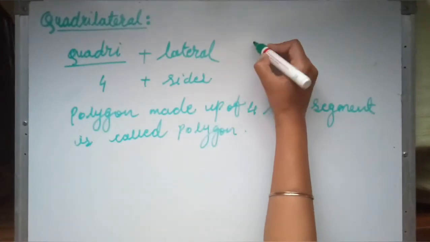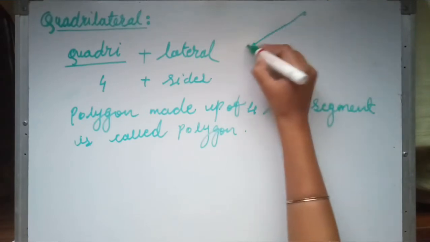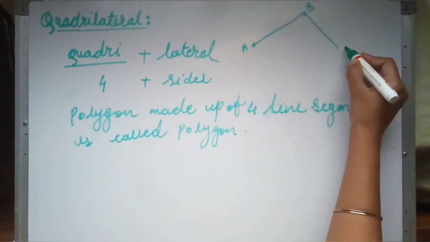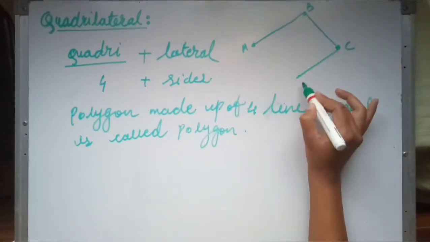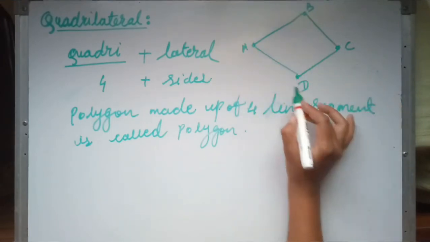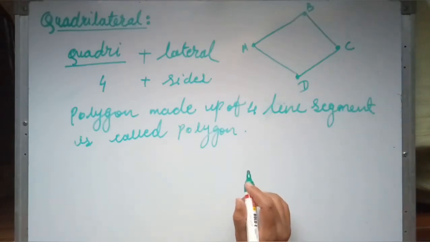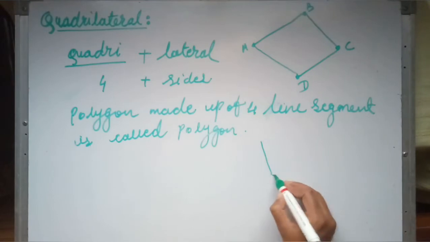Means four line segments: this is one line segment, AB, this is another, BC, CD and AD. So this is the figure of a quadrilateral. Now you can draw a quadrilateral in this way also.